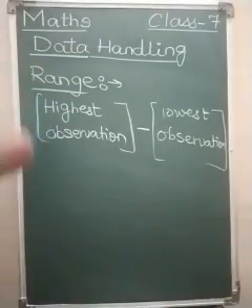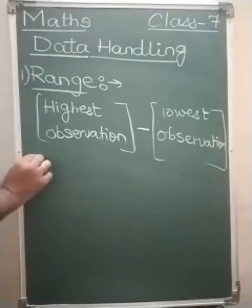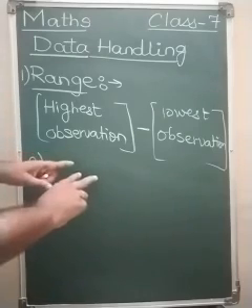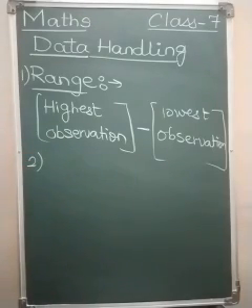Now the second, this was the first. The second representative value that we are going to see here, first we are going to see 2, and afterwards when we finish 3.1 we are going to see the next 2 representative values.